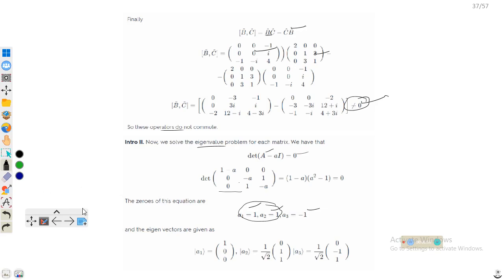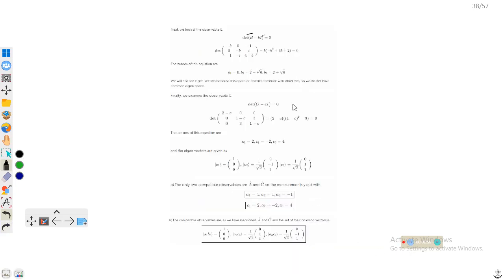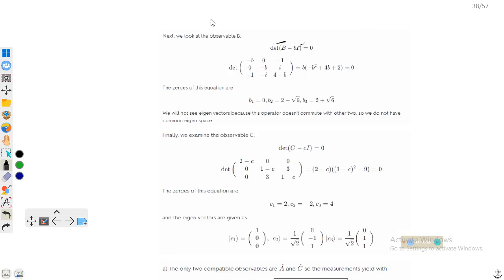And if we solve for another matrix, for the matrix B, we take the determinant of B minus b times I, where b is the eigenvalue.